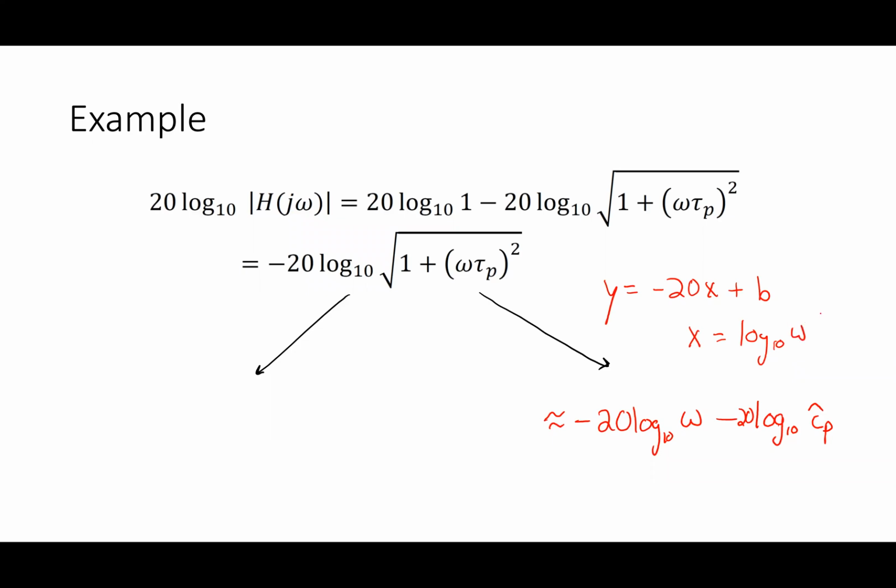So on a logarithmic scale, that is a line, with a slope of negative 20. The slope is the multiplier on that x.